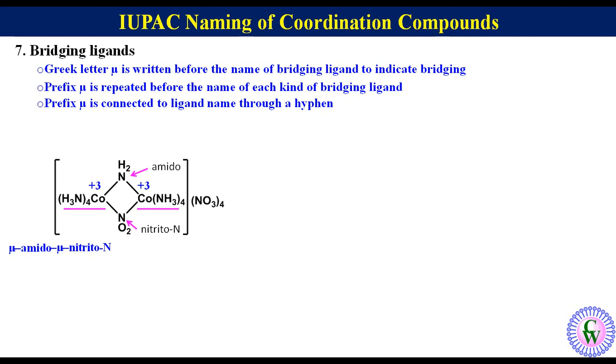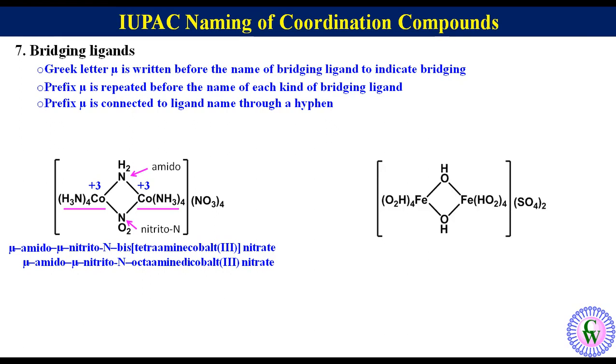So, this part will be written as bis(tetraamine cobalt(III)). Since the counterion is nitrate, we will put the nitrate at the last to get the complete IUPAC name of this complex.